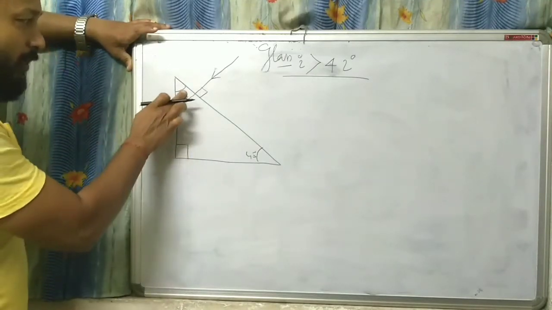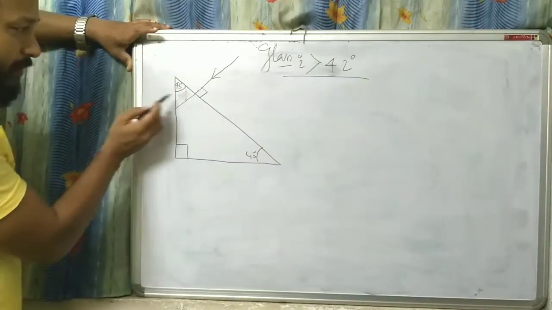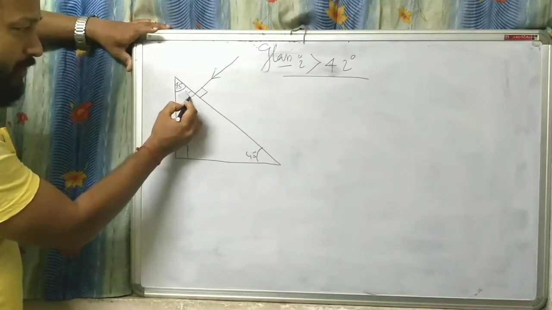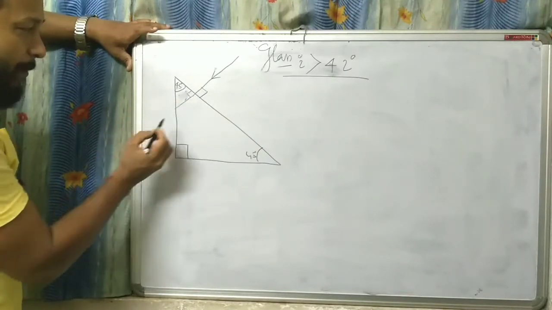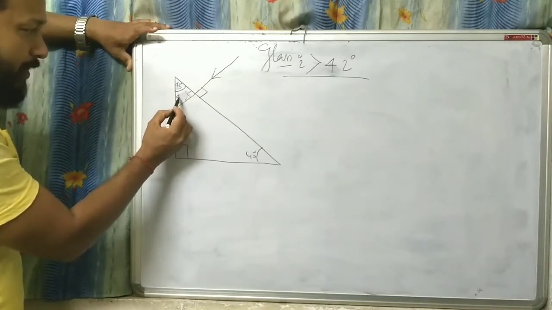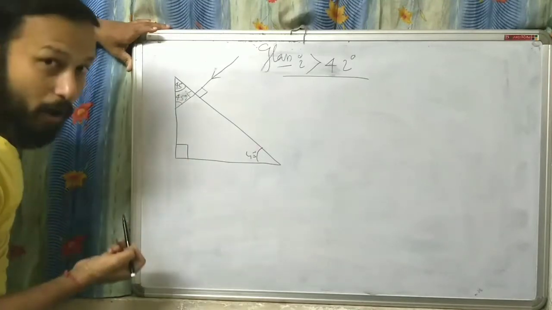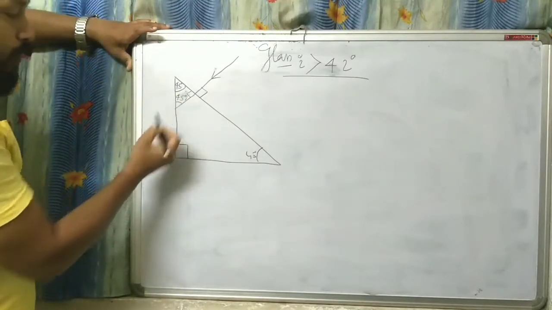And it is given, this is 45, and this much is 90 degree. And this much has to be 45 degree because the sum of all the three angles is 180 degree. Now this is 45 degree.